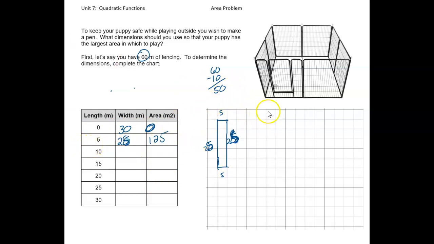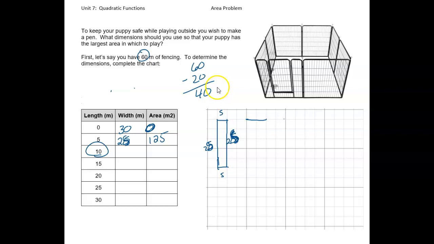Okay, let's make your length 10. It's got to be 10 on the top and on the bottom. So now out of your 60, you've used up 20 meters. I used 10 for the top, and that means I use 10 for the bottom, so I have 20 gone. That leaves me with 40 meters, and that 40 meters has to get spread over the two sides, the left and right.